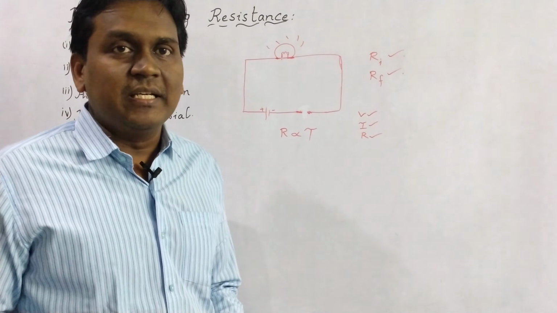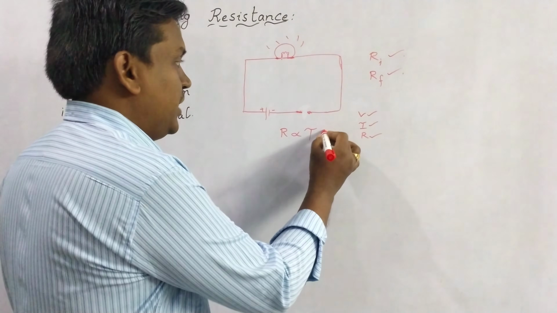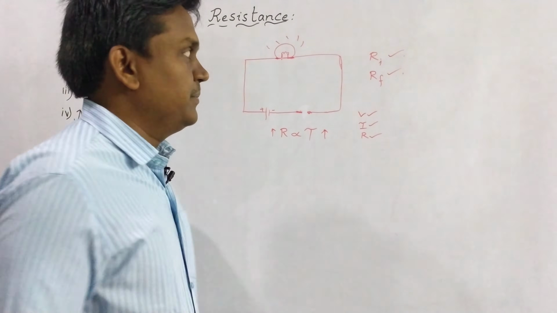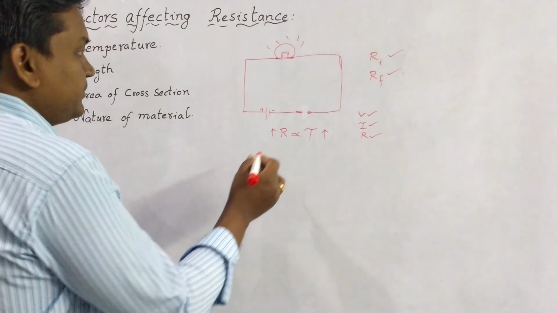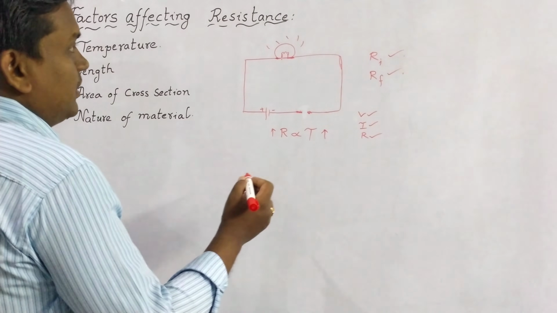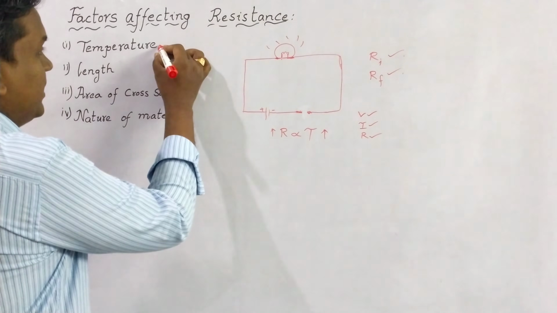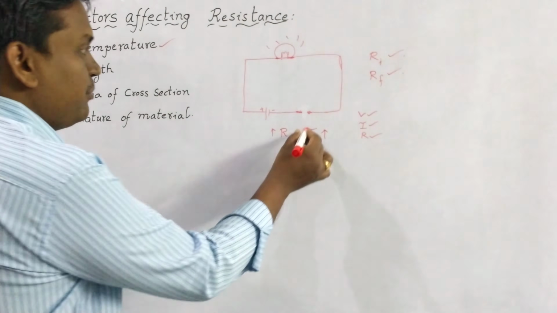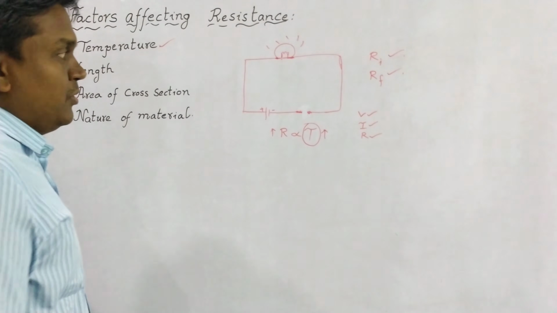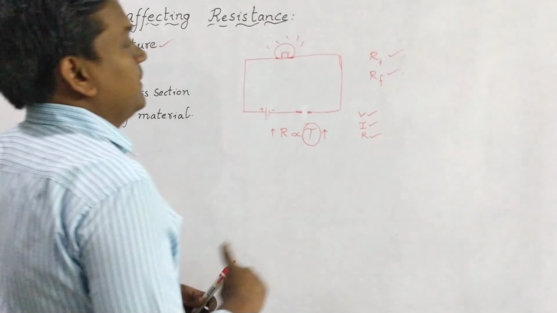As the temperature increases, the resistance of the bulb also increases. Temperature is a factor which affects the resistance.